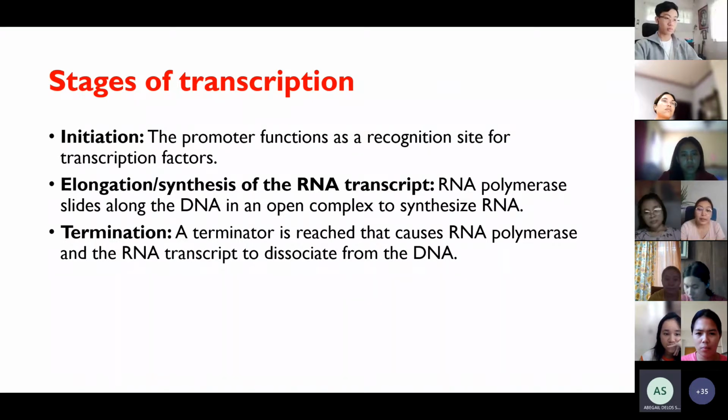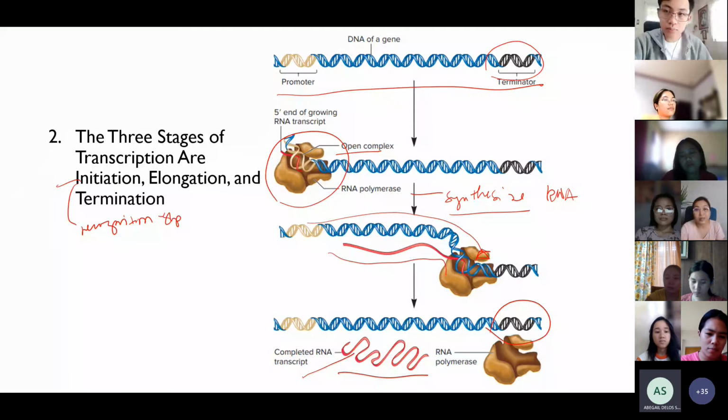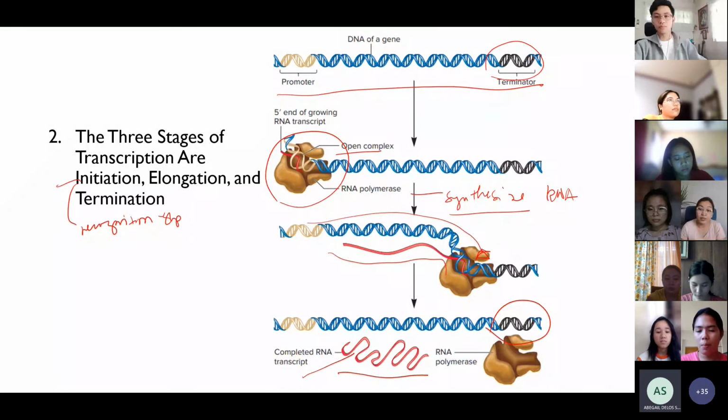And once it is bound to our DNA, we will denature the DNA into a bubble that is known as the open complex. We call this the open complex because we are trying to untangle the DNA and create a copy of the transcript.